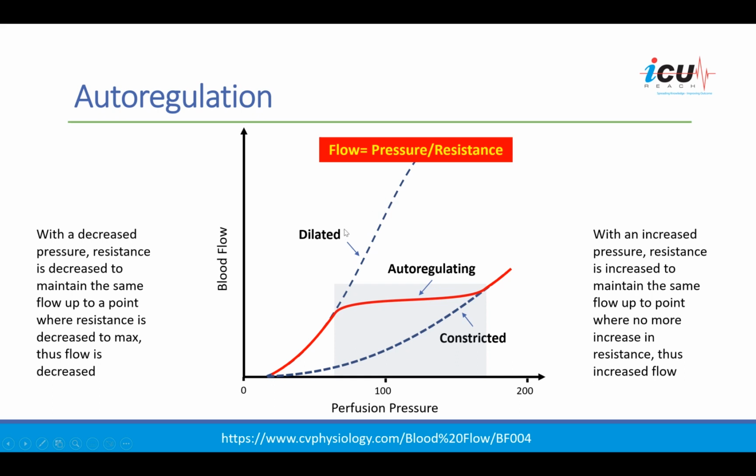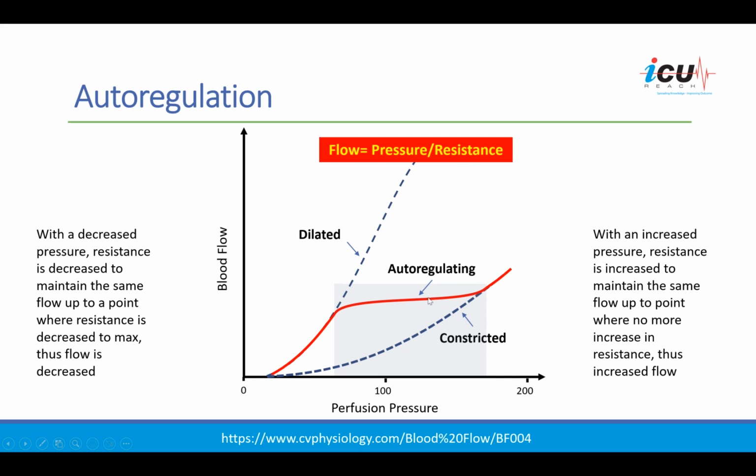Well, the fact that we have autoregulation, this mechanism maintains stable blood flow in vital organs such as the brain and the kidneys. So let's see what happens if we have autoregulation. We're looking at the red line here.